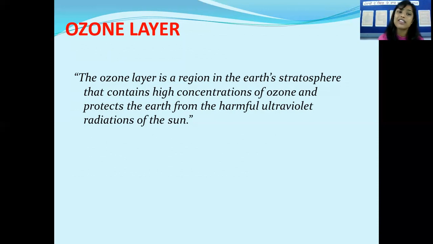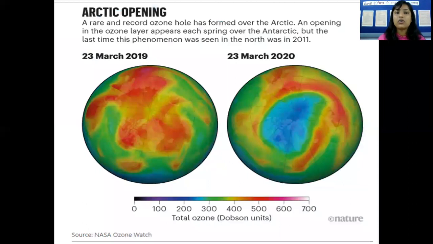As you can see on the screen, the ozone layer is a region in the Earth's stratosphere that contains high concentrations of ozone and protects the Earth from harmful ultraviolet radiations of the sun, the UV radiations. Now, as you can see, this picture is taken from the source of NASA Ozone Watch. You can see the blue region, right?